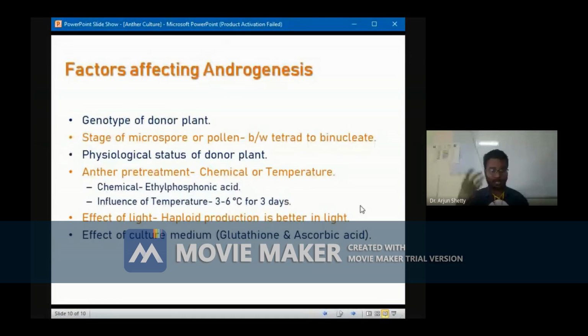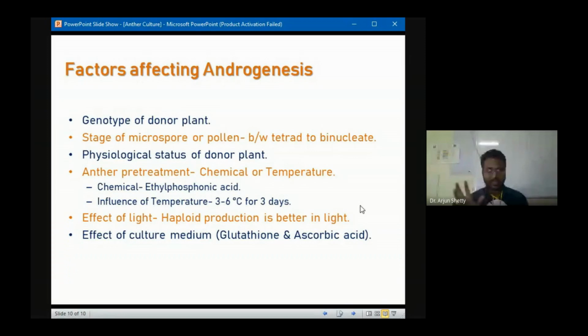Usually treating the anthers with ethyl phosphonic acid can enhance the formation and reduce the period taken for production of haploid plants. Treating the anthers prior to inoculation with ethyl phosphonic acid enhances the number of haploid plants and also decreases the time required for the production of a haploid.